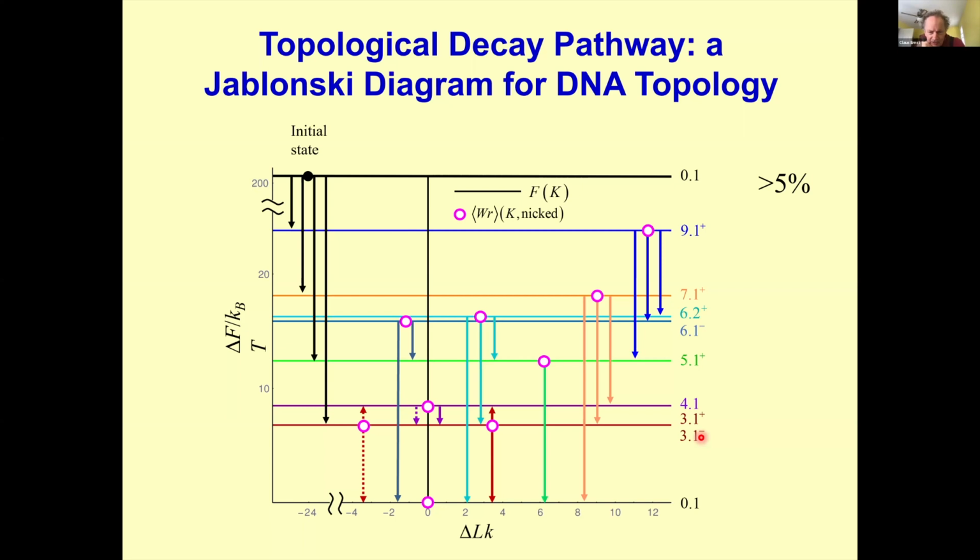I'm still a little puzzled. So can you elaborate how one particular pathway works? So for example, if I see the 3-1 minus there, what is the prior stage of that? How do I read this diagram? Right. So probably one pathway, for example, would be from say 7-1 to 4-1, and then from 4-1 to 3-1 plus or 3-1 minus.